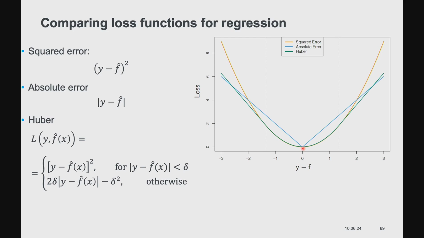Then the loss becomes larger when you go away, either in the positive direction or in the negative. When we take the squared error, this is this orange line, we have a parabolic function. We can also take the absolute error, and the absolute error is this blue one, this loss function here, y minus f hat.